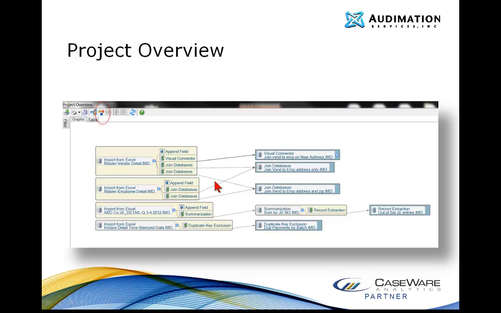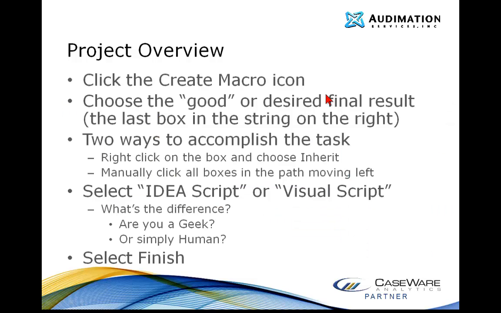I did a second join on address and zip. I did a visual connector join and whatnot. These are the final results that are recorded and documented for you in Project Overview. The button right here allows you to reverse engineer that and have IDEA create the script for you. And there's two flavors: Visual Script and IDEA Script. Which one do you want to use?